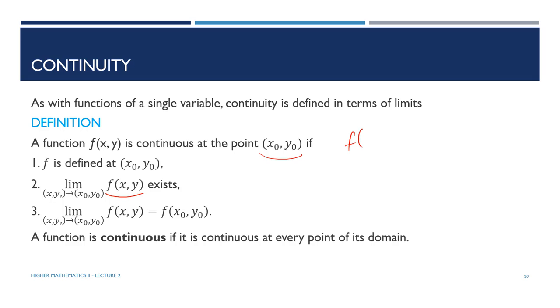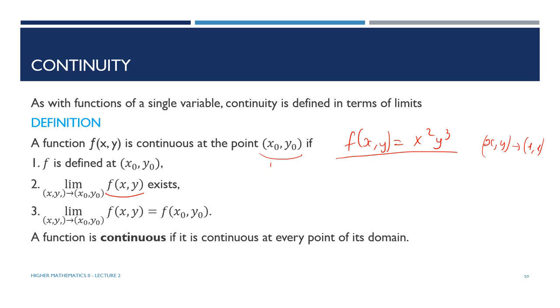For example, let me create a function here, f of x, y equals x squared y cubed. Okay, this is an ordinary function. Now I want to check the function's continuity at a point. Let me say x, y tends to 1 and 1.